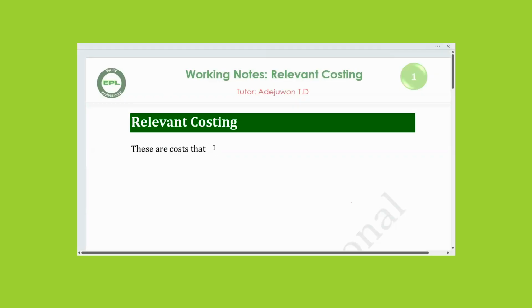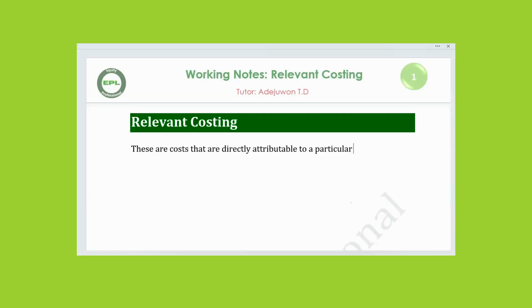Relevant costs are costs that are directly attributable to a particular course of action as a direct consequence of the decision taken.